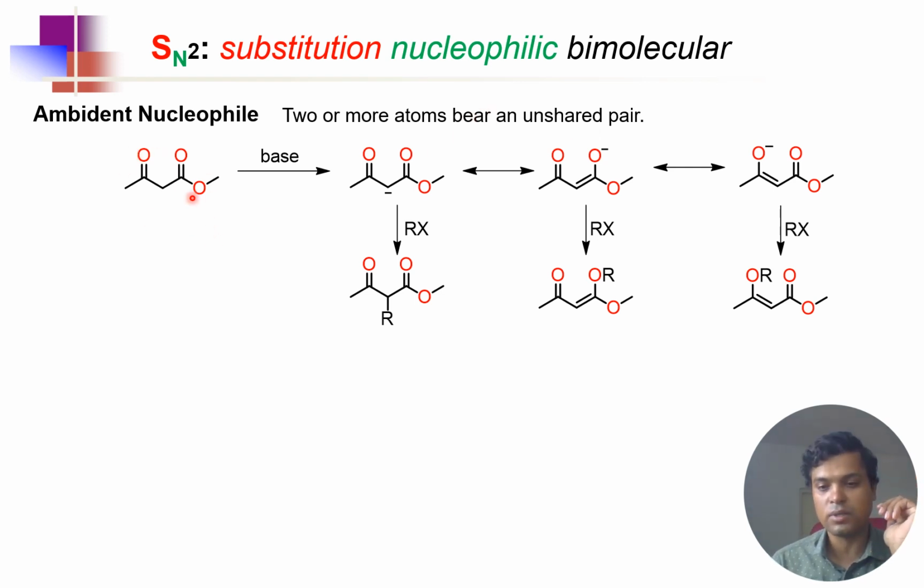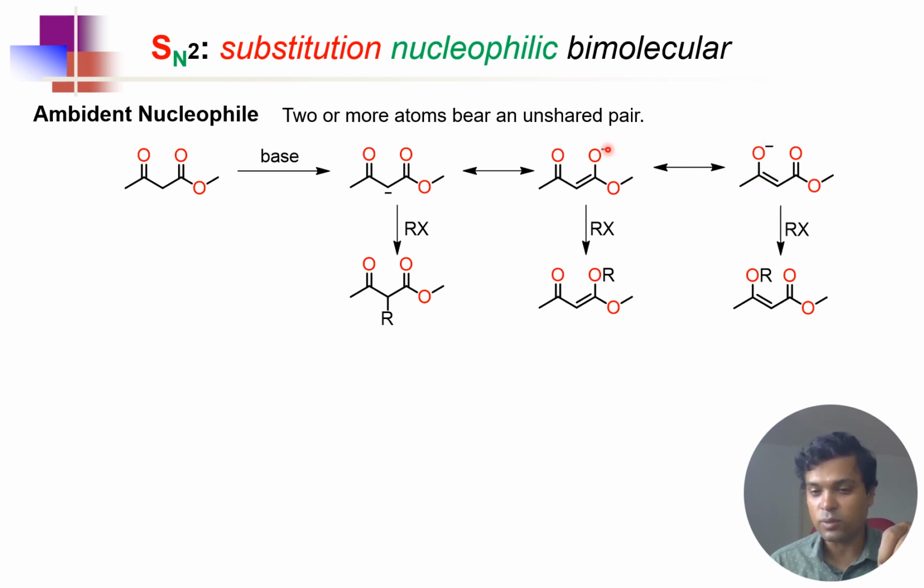If you have this particular compound, this is methyl acetoacetate. If you treat it with a base, you can produce an anion over here. Now if you react it with an alkyl halide, this is a nucleophile and it will replace the halide, and you can get the particular compound. But this anion can be tautomerized to oxygen; it can go over there as well.